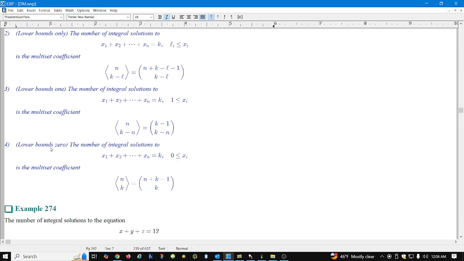And if the lower bounds are 0, then we're in the case for the multisets, and we just get n multi-choose k.